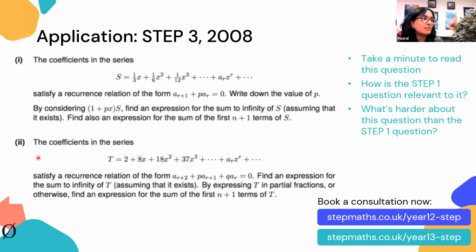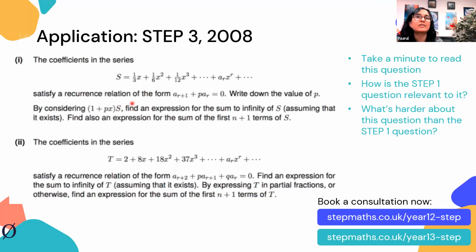Express S in the same form as f of x from the previous question. So you could express S in that same form, but actually they've kind of given you a hint here. They've given you another type of expression to look at or simplify. Somebody says transforming (1 plus px) times S equals T. Where are we getting the T from?